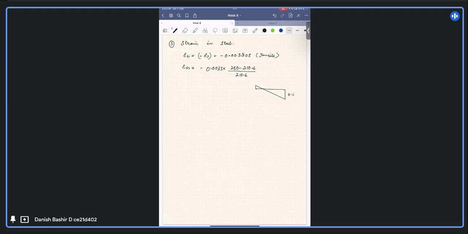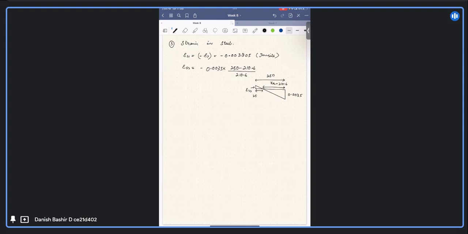This is 0.0035. This is XU, at the centroid 250. This is XU 210.6. This is epsilon S2. Calculate this distance.